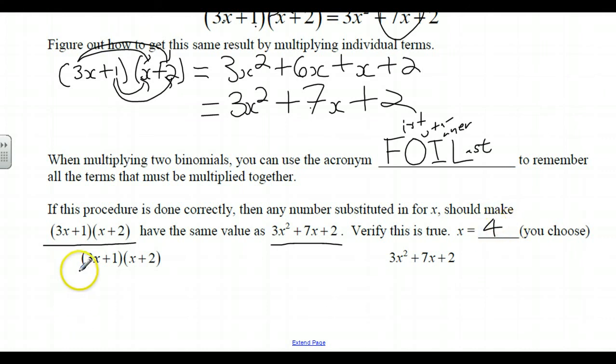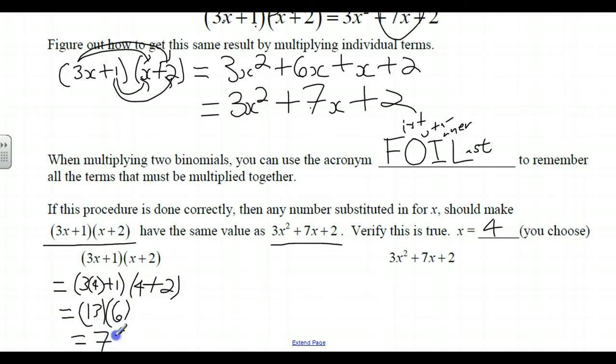In class, you'll be working your own out. But here, 3 times 4 plus 1 times 4 plus 2. That's 12 plus 1, so that's 13. 4 plus 2 is 6. 13 times 6 is 78.